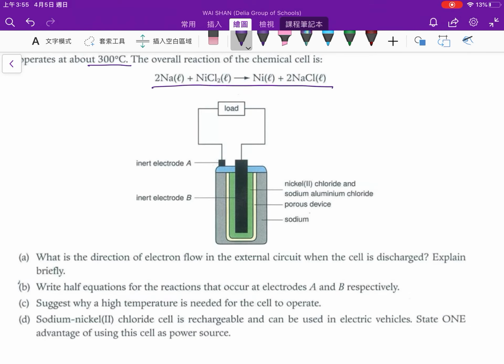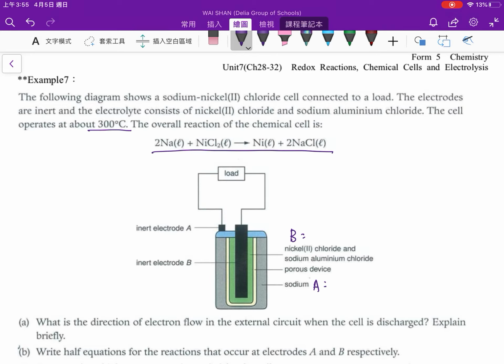Okay, so sodium, the gray part, is connected to electrode A, and nickel(II) chloride, the green part, is connected to electrode B. So what's happening at electrodes A and B respectively? Can you see that sodium, what does sodium change to? From the chemical equation, you can see that sodium will change to sodium chloride, right?